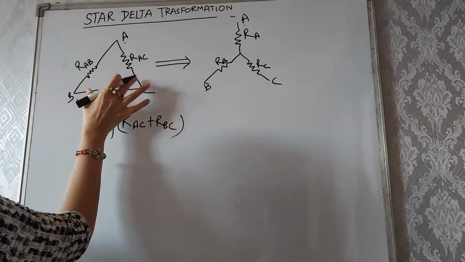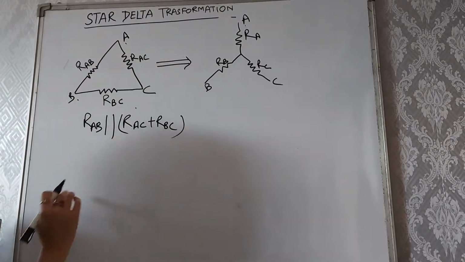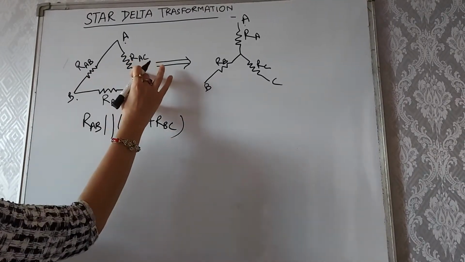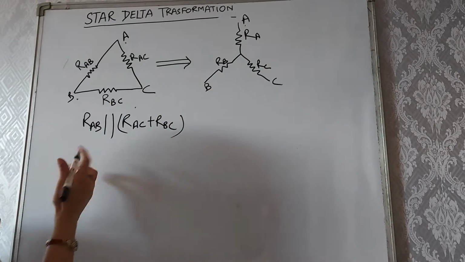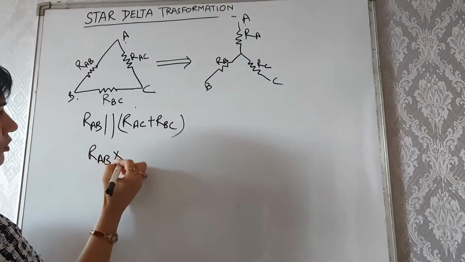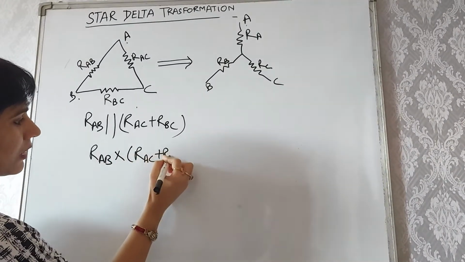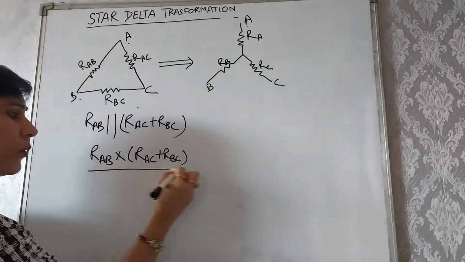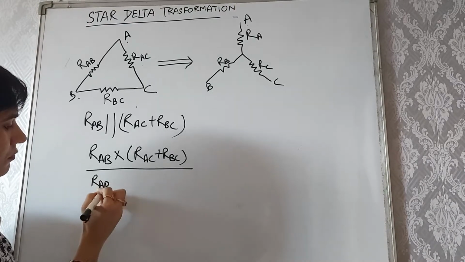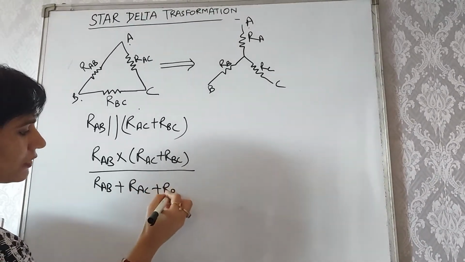This is for when we are considering A and B as open. AB resistance is in parallel with the combination of this series. It is written as RAB into RAC plus RBC upon RAB plus RAC plus RBC.